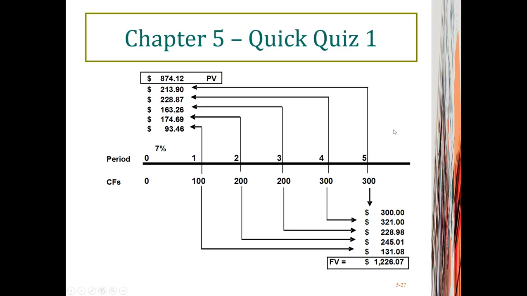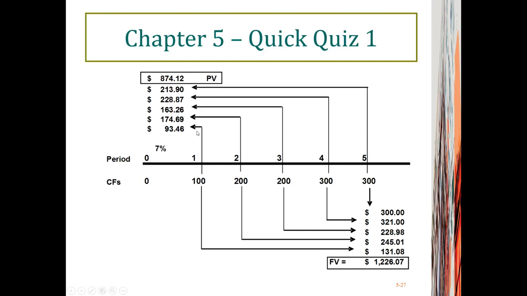And this picture shows you the timeline of this quiz question. There are 5 cash flows, and you can either calculate its present value or the future value. But here, I think the most important thing that you need to pay attention to is the number of compounding and the number of discounting. And they are very different.